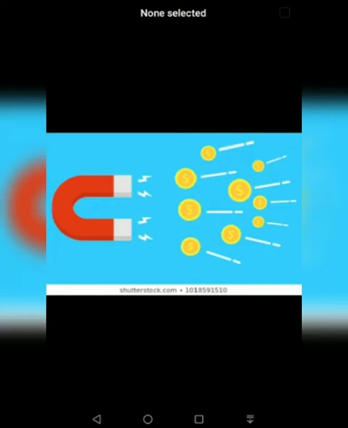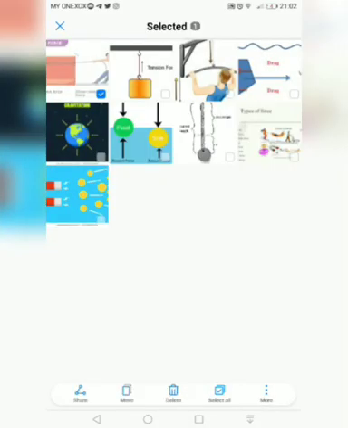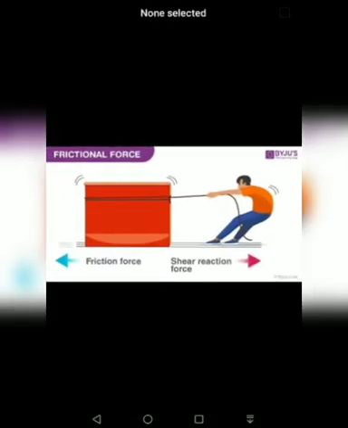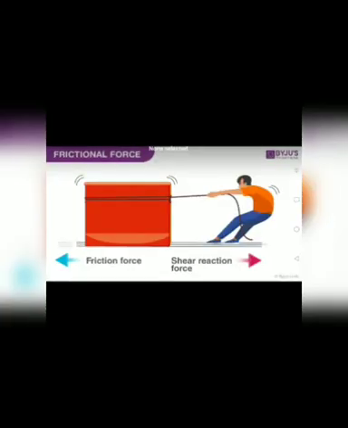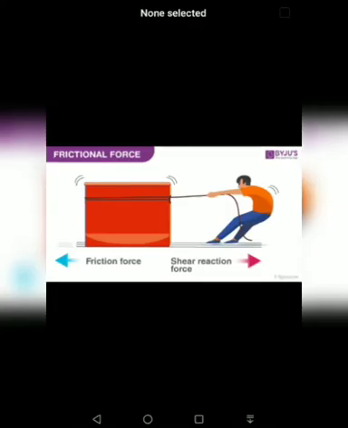It's like gravitational and electric force, but it is a little different, which is its potential and momentum energy. The last one is frictional force. Frictional force is the opposing force which acts in the opposite direction of the movement of an object.